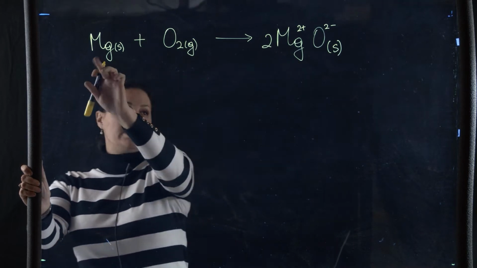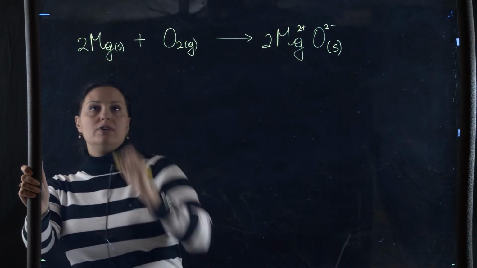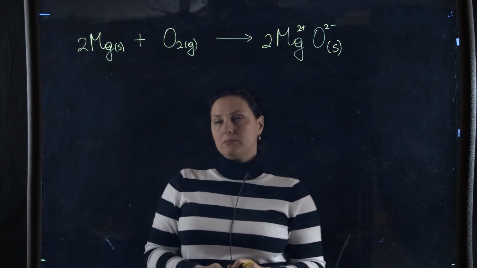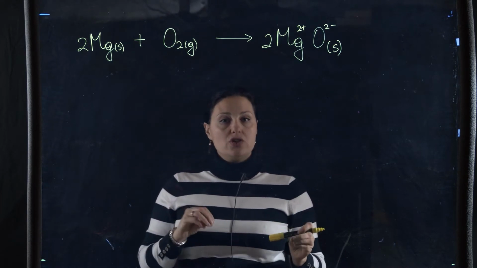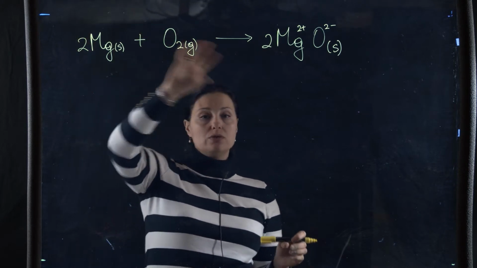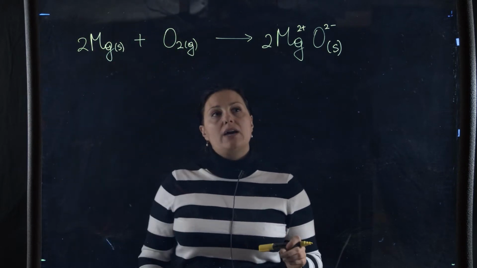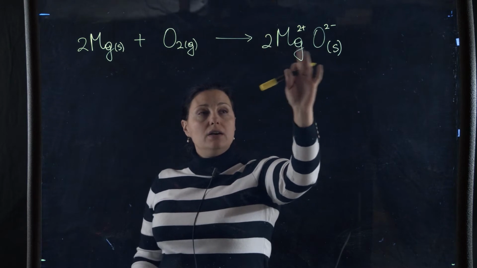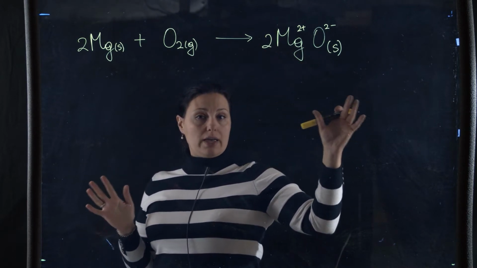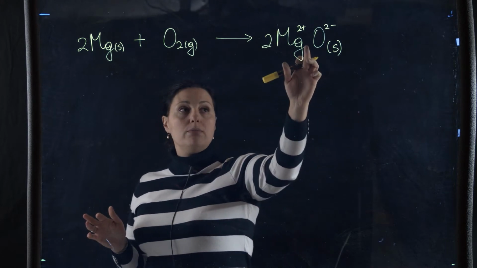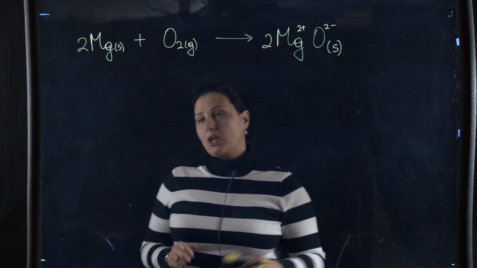To make this the same, I can put a 2 in front of that magnesium, and it makes it equal. Remember, we change coefficients in front of molecules when we balance the whole chemical reaction. When we write a neutral formula for an ionic compound, we mess with the subscripts.